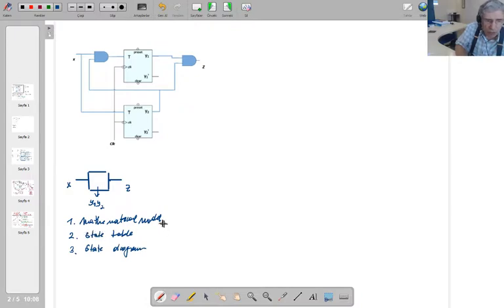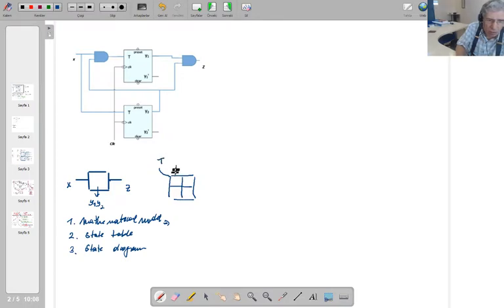So let's start from the mathematical model. Once we find the mathematical model, we can easily find out the state table and state diagram. One more thing that I need here is the definition relation of the T flip-flop, so let me draw it here.